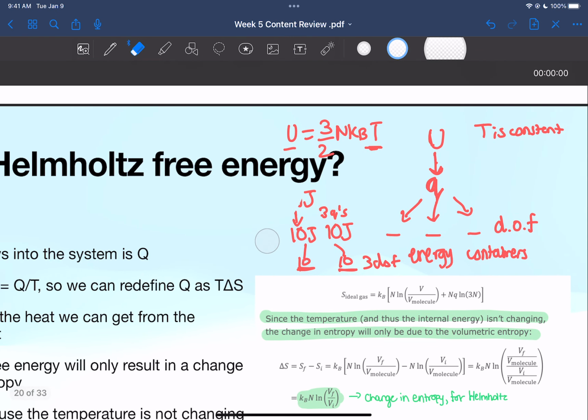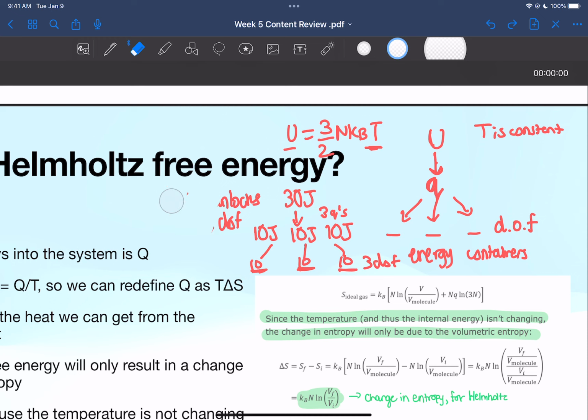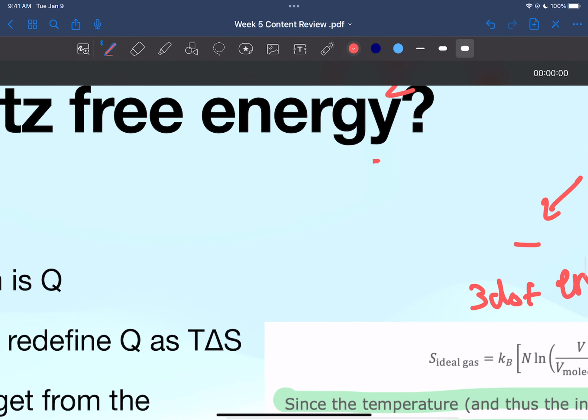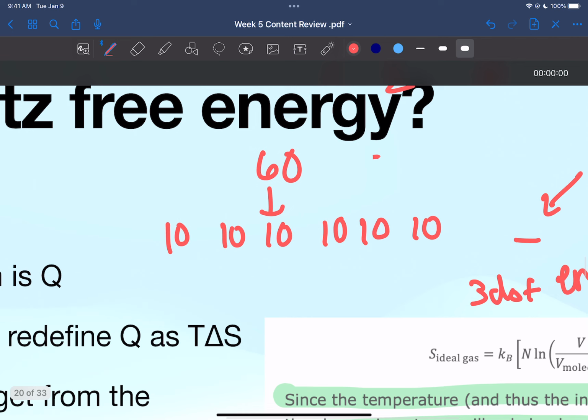Now, if I were to increase the internal energy, actually, let me keep that part to the side there, safe for a sec. If I were to increase that energy from 30 to 60, and I want each one of those blocks to contain 10 joules, it would be 10, 10, 10, 10, 10, 10. And now I have to split them up into energy containers.